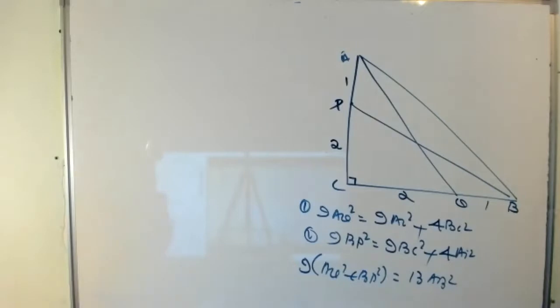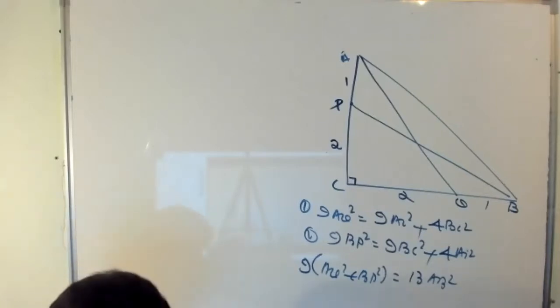Second part is 9BP square equal to 9BC square plus 4AC square. Third part, 9AQ square plus 9BP square equal to 13AB square. Okay, try now.